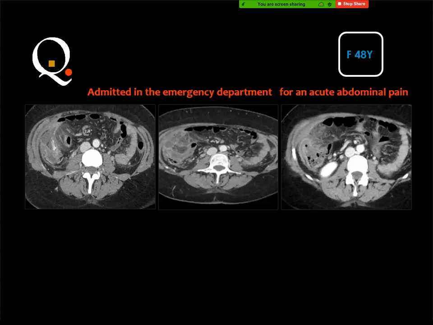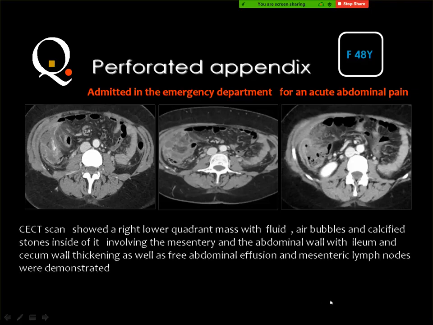Perforated appendicitis. Yes, and this is a perforated appendix with formation of periappendicular multilocular abscess containing air loculi as well as stranding of the fat with the appendicolith inside.